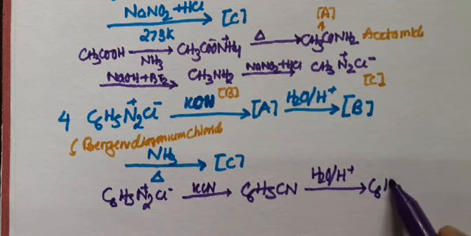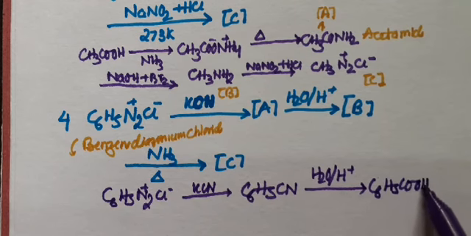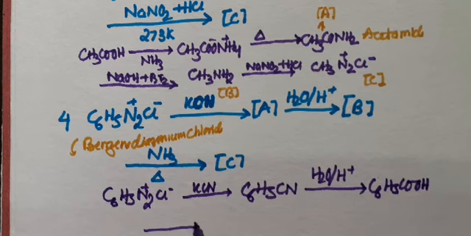Then the CN part is converted into COOH, and thereafter it reacts with ammonia followed by heating.